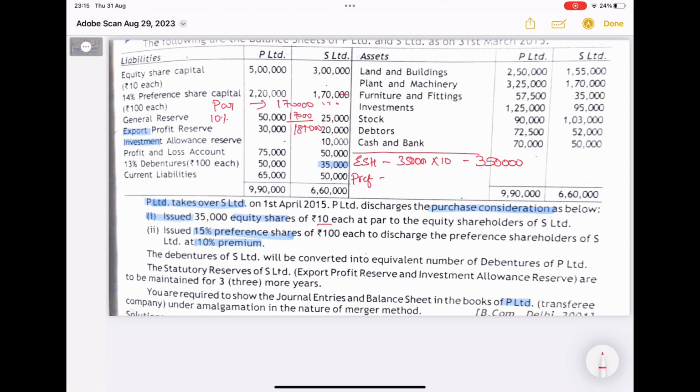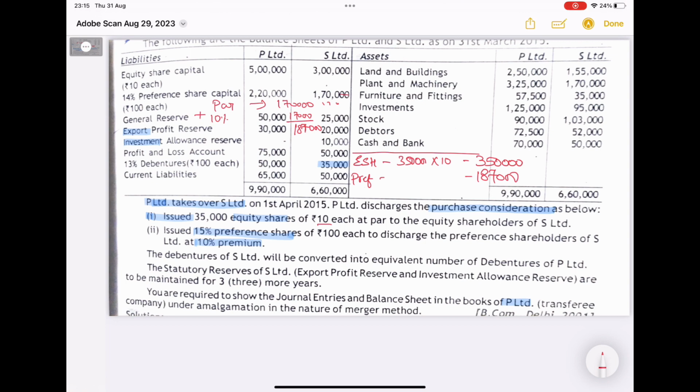How we have calculated, again I am explaining it. The par value of preference shares is 1,70,000, but these preference shares are issued at a premium, which means 1,70,000 plus 10%. So the total value will be 1,87,000.